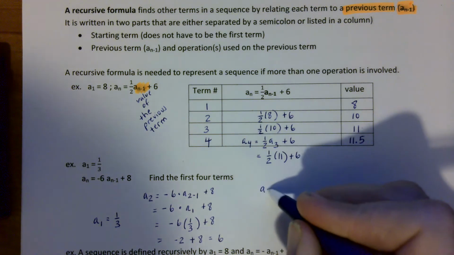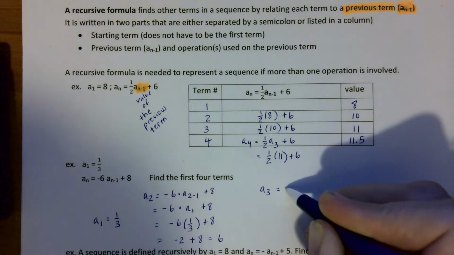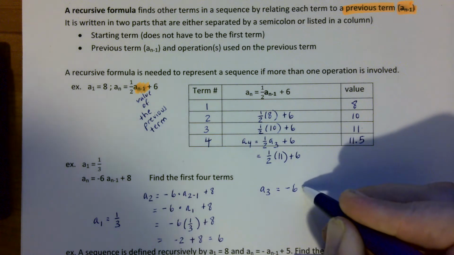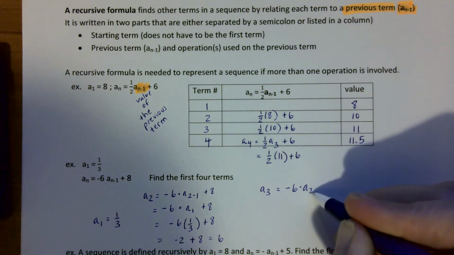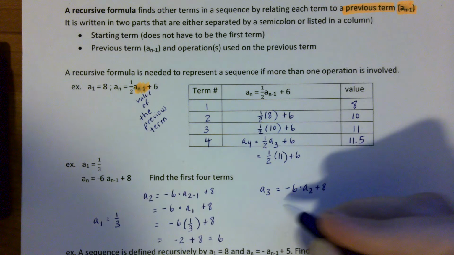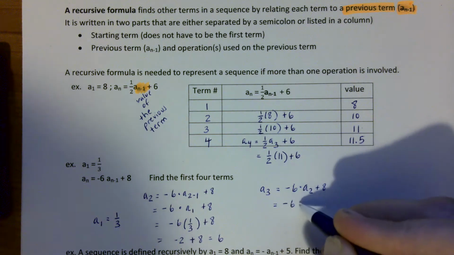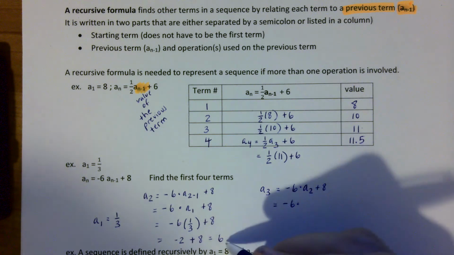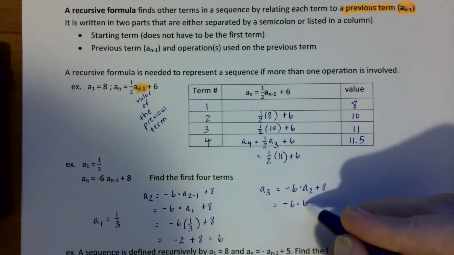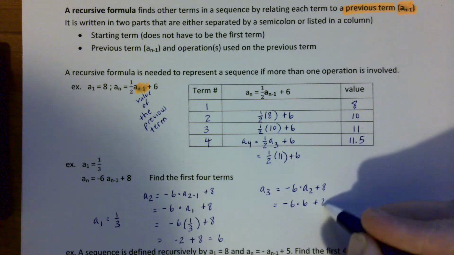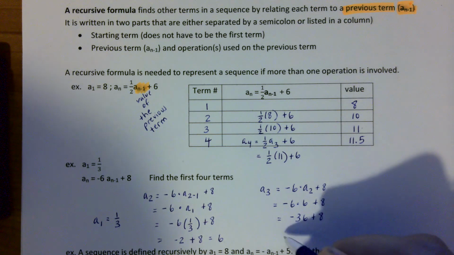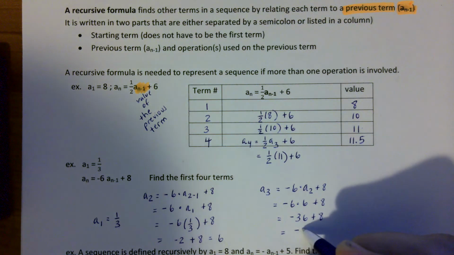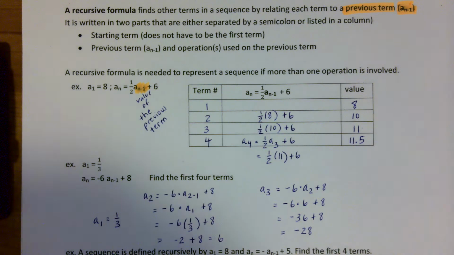Now to find my third term, we're going to say -6 times our previous term, which is our second term, plus 8. Well, the previous term was 6, so -6 times 6 is -36, plus 8, which is -28. And that's our third term.